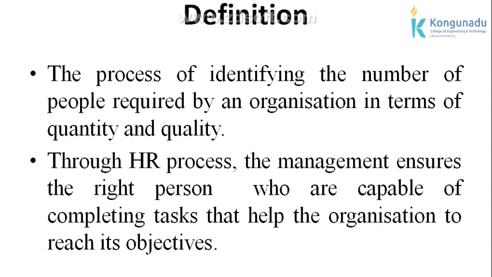Through the human resource process, the management ensures the right people who are capable of completing tasks that help the organization to reach its objectives. Human resource planning involves the forecasting of human resource needs and the projected matching of individuals with expected vacancies.